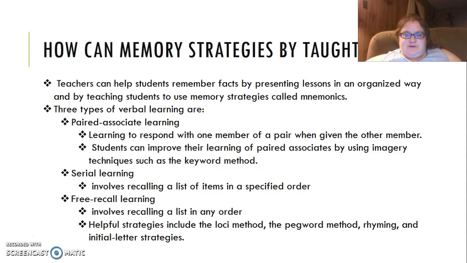Students can improve their learning of paired associates by using imagery techniques such as the keyword method. Serial learning involves recalling a list of items in a specific order. Free recall learning involves recalling a list in any order. Helpful strategies for free recall learning include the loci method, the peg word method, rhyming, and initial letter strategies.